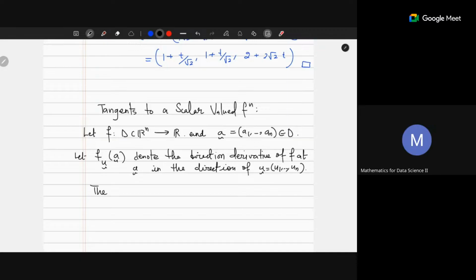Then the equation of tangent at a tilde is given by (a tilde, f of a tilde) on the left hand side, the x vector, plus t times (u tilde, f_u of a tilde).